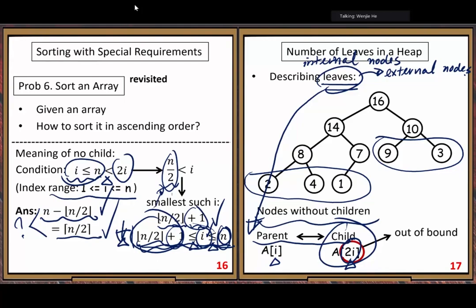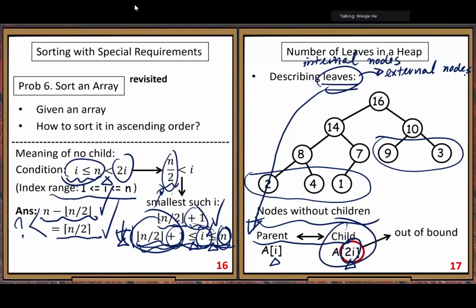How to prove it? You need to consider two cases. When n is even, you can remove the floor function and ceiling function signs easily, right? You see they are the same. When n is odd, you know how to remove the floor function and the ceiling function, and you can show both sides are the same value.